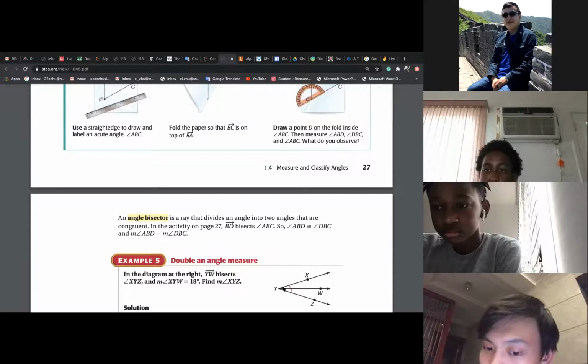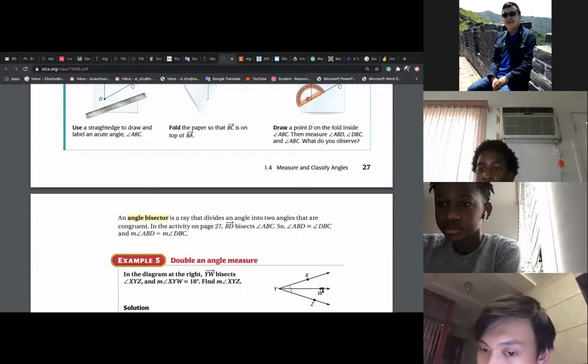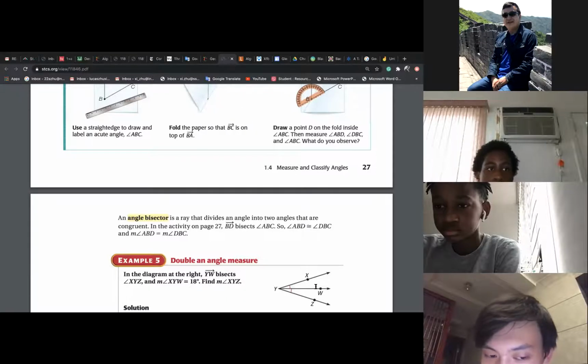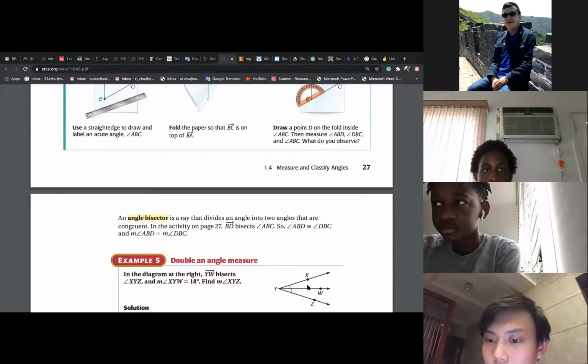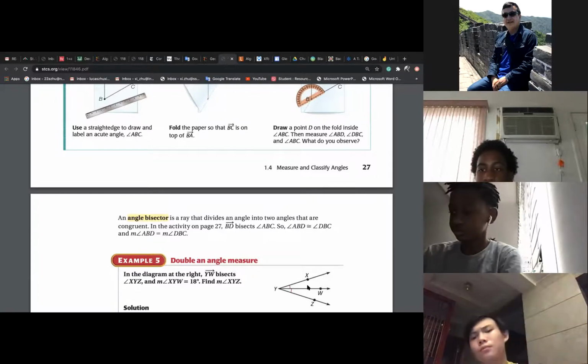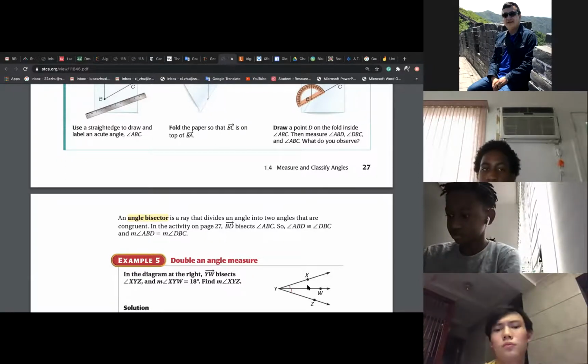So you know that they bisect each other, which tells you that the two angles over here are congruent, right? And you also know that angle XYW equals 18. Then what's the measurement for the entire angle? 36 degrees.